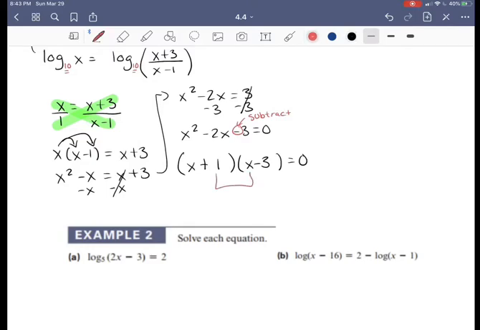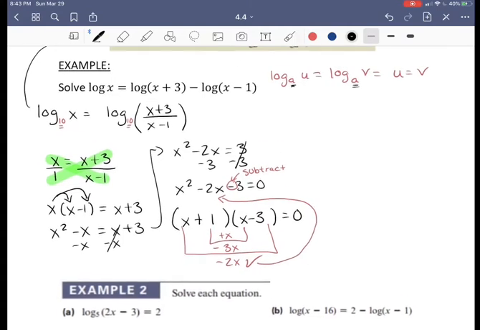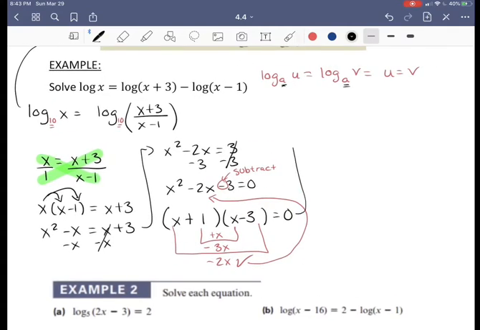This one becomes plus x, this one becomes negative 3x, which equals negative 2x, which is correct because that's the middle term. So we have x plus 1 times x minus 3 is equal to 0.